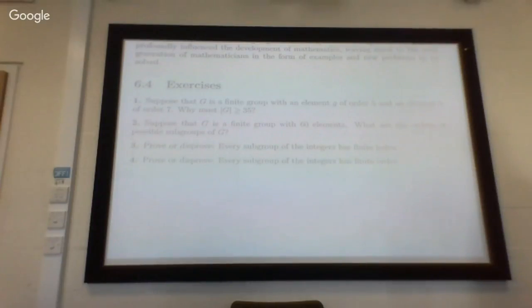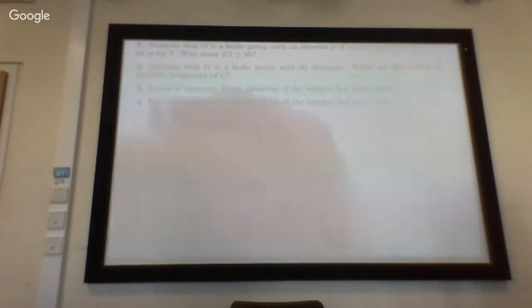Question 3, prove or disprove. Every subgroup of the integers has finite index. When he just says the integers on its own, he means Z, the additive group of integers.